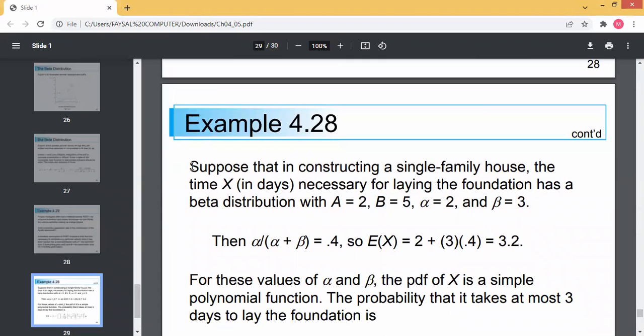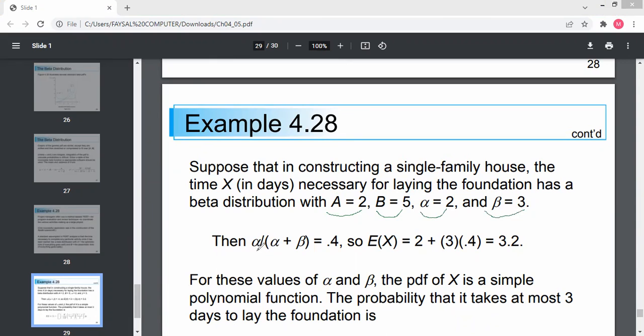Suppose that in constructing a single family house, the time x in days necessary for laying the foundation has a beta distribution with A equals 2, B equals 5, alpha equals 2, beta equals 3.